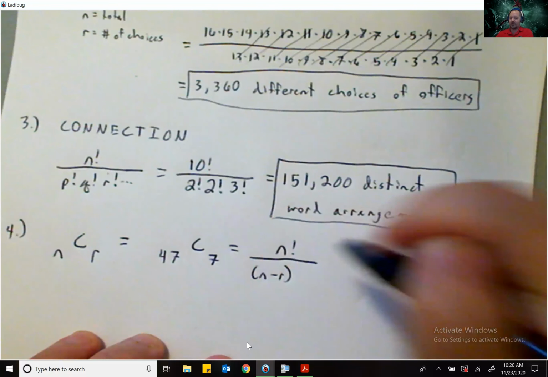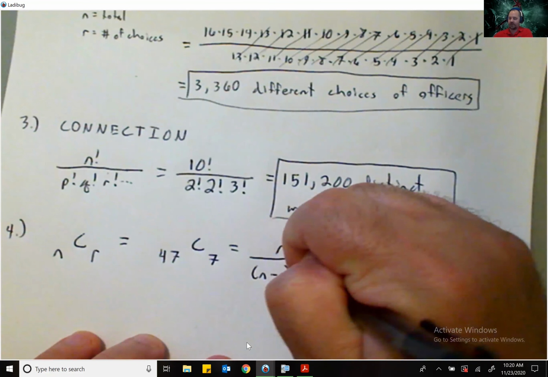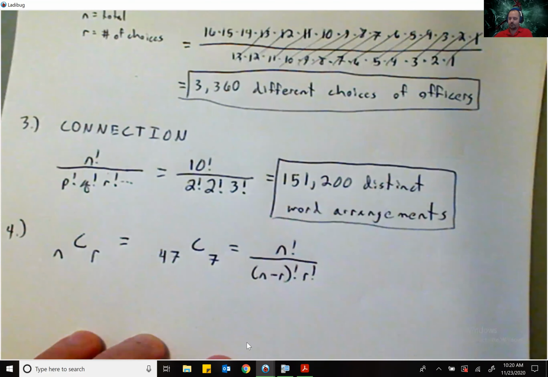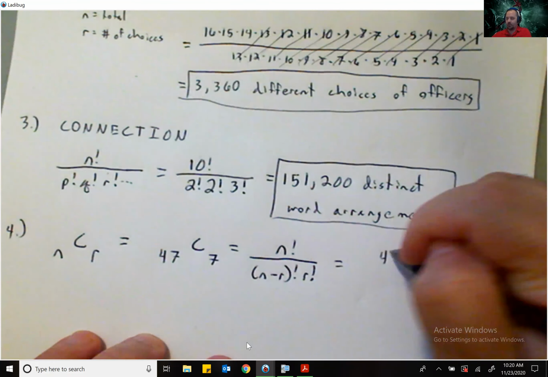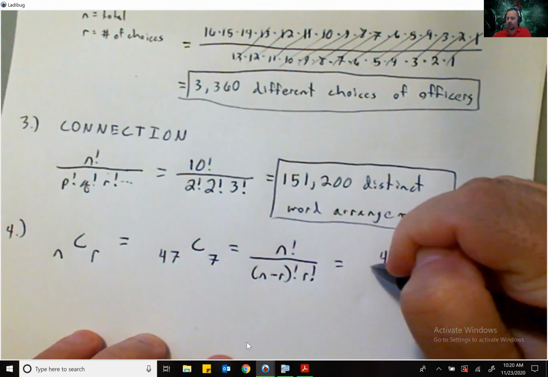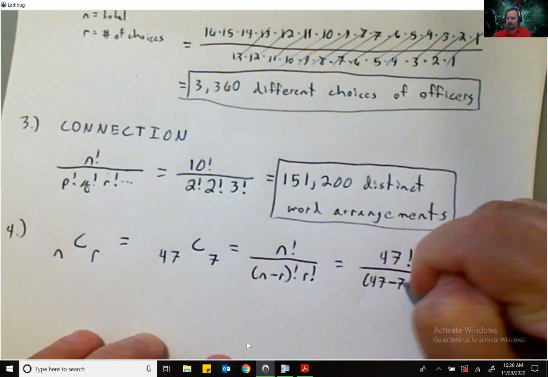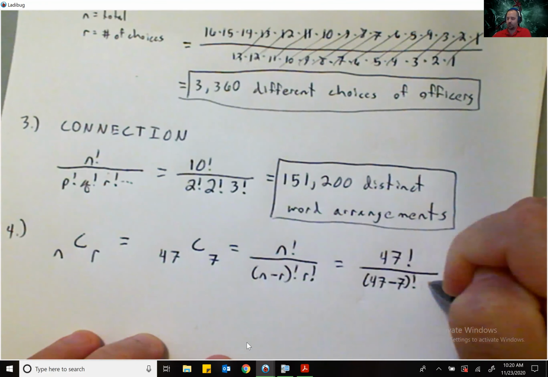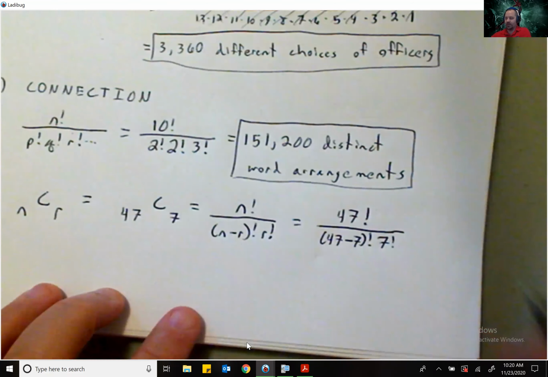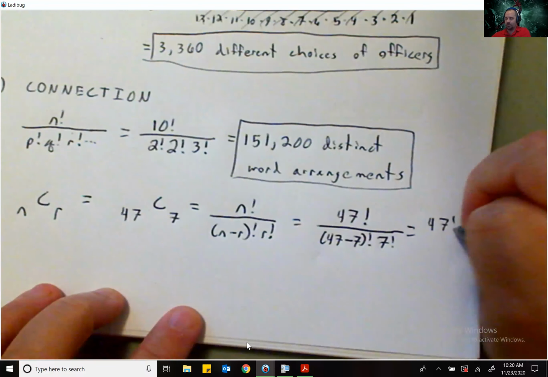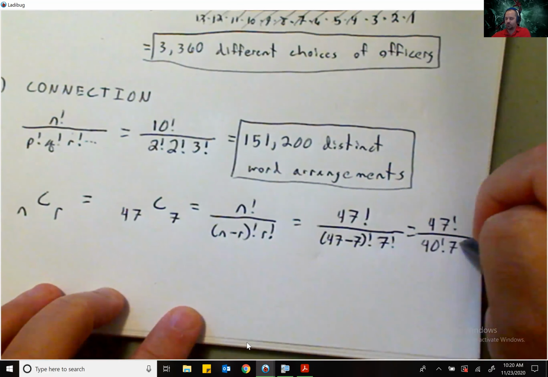So your formula is n factorial all over n minus r factorial, r factorial. Okay. So if I fill this in, and that's as far as I'm going, we'll have 47 factorial on top with 47 minus 7 factorial on the bottom, 7 factorial. So in the end, you'll have 47 factorial all over 40 factorial, 7 factorial.